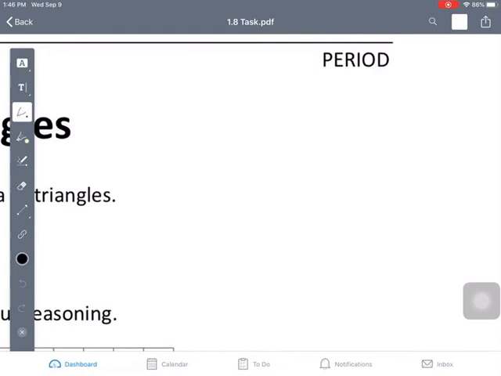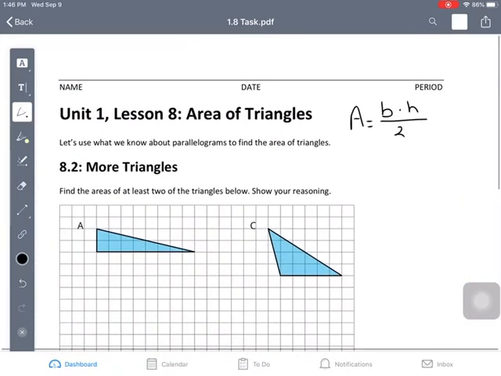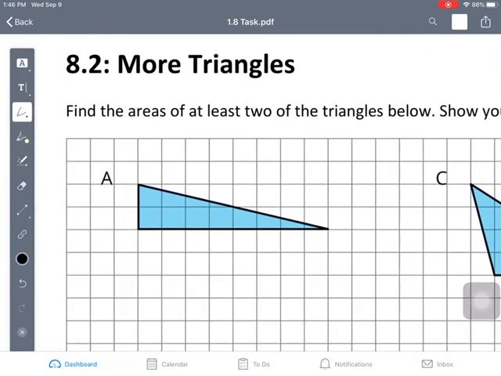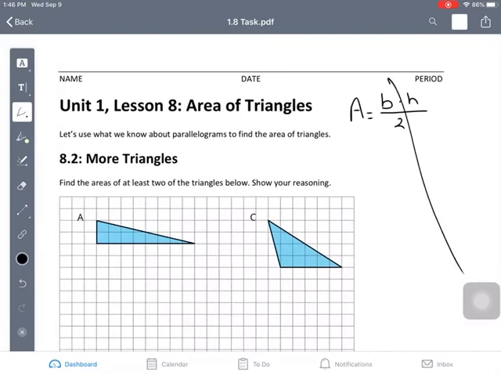The area of any triangle: area equals base times height divided by 2. Okay, so let's just start with A. For my formula, I need to find my base, and I need to find my height.